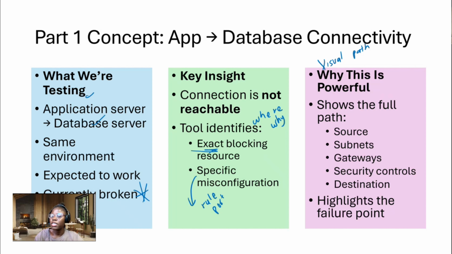We're going to see the full path from the source, the subnets, the gateways, any security controls to the destination, and get exactly where the failure point was in our architecture.